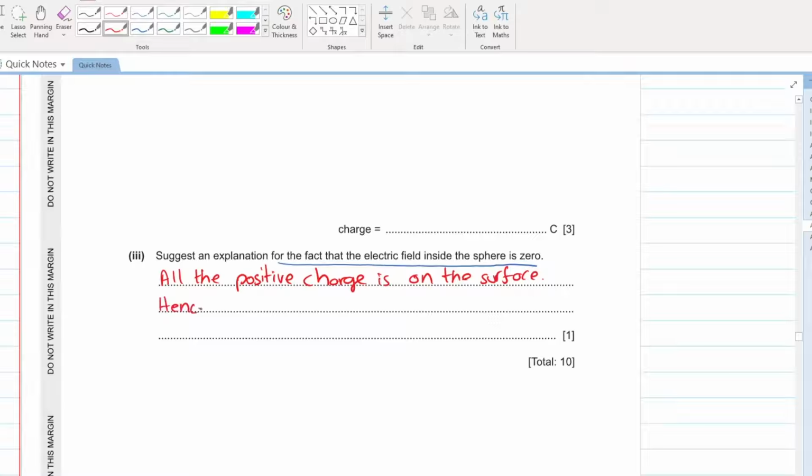Hence, the electric field inside the sphere is zero. Perfect. Let's further move ahead.